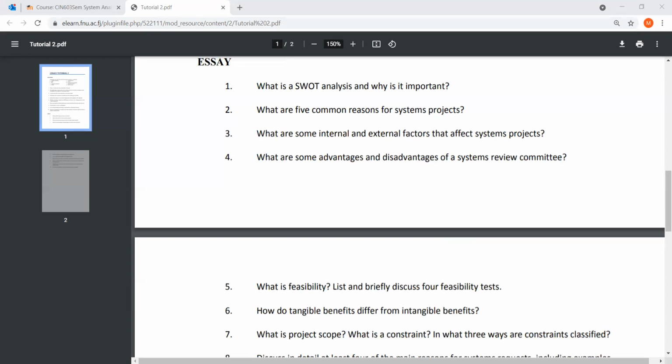Second advantage, it provides various experience at the time of evaluating system requests.